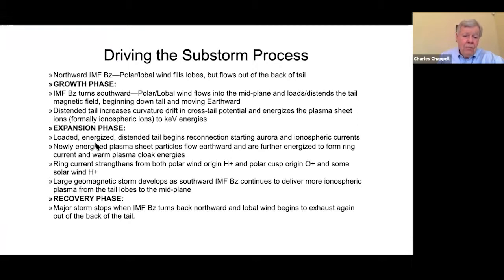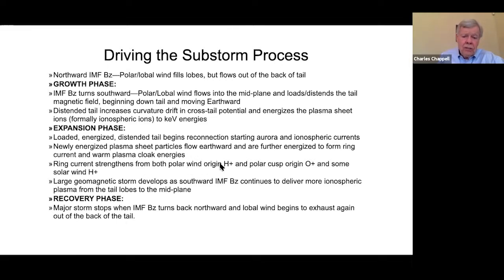And then when it's loaded, reconnection begins in the expansion phase. That's being studied, all the reconnection part, by MMS in a lot of really nice detail. It starts the aurora, starts the ionospheric currents flowing, gives you the magnetic signatures in the auroral zone, those sorts of things. And then the newly energized plasma sheet flows earthward and is further energized.